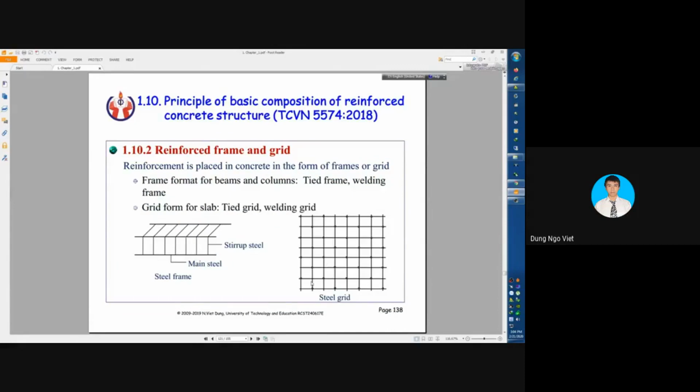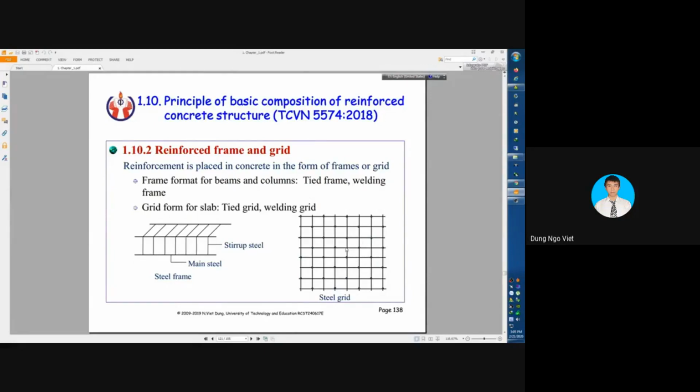And this is how the reinforcements are linked together. Reinforcement is placed in concrete in the form of frames or grids. And this is the frame, and this is the grid. Frame form will be used for beams and columns, for example, tie frames or welding frames.